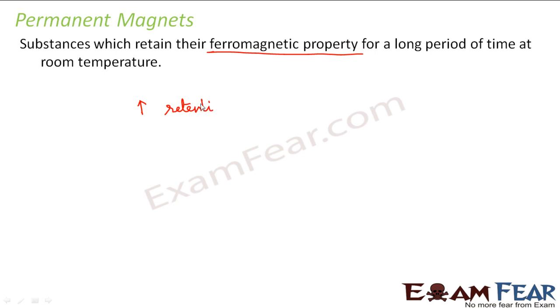Because if they have a high value of retentivity, they will retain their magnetization even when magnetic intensity is reduced to 0. If they have a high value of coercivity, their magnetization will reduce to 0 only after a long period of time. So they will remain magnetized for a very long period of time.